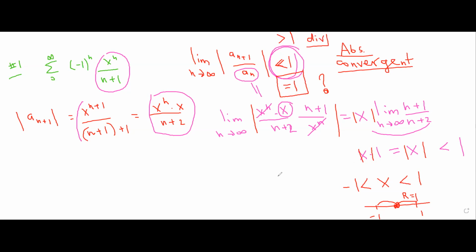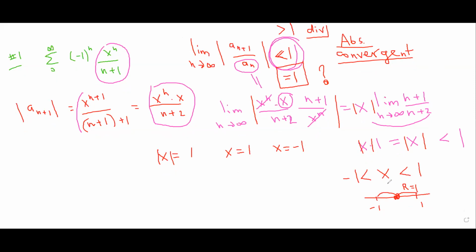So when x is equal to 1, in other words, when x is equal in absolute value to 1, which means that the endpoints of this interval, +1 or -1, need to be tested. So then I can make a conclusion on what values of x my series is convergent and where it's divergent.